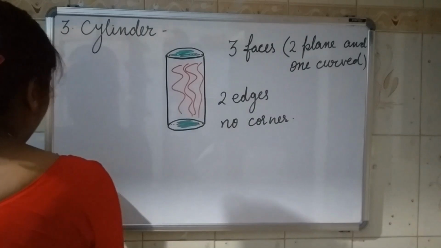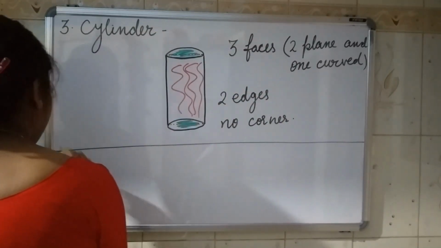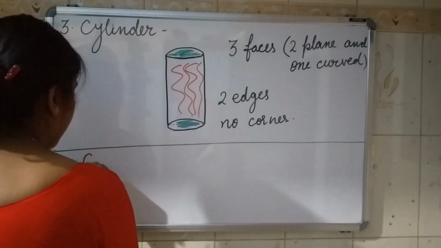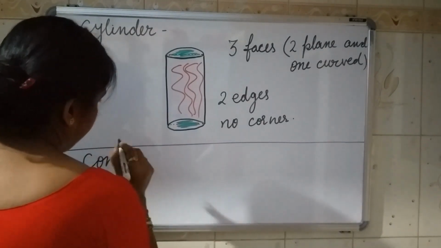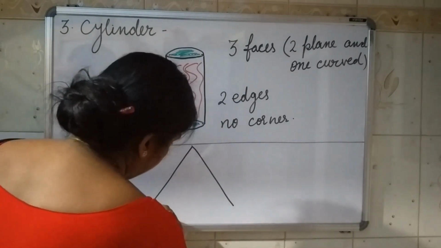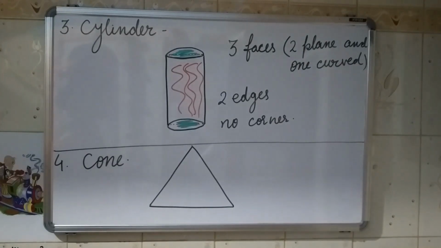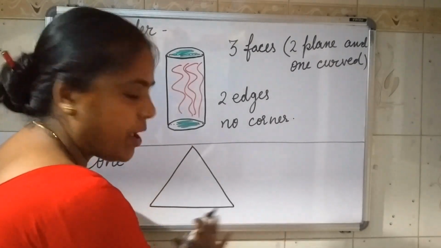Okay. Now we are moving to the next one, that is the fourth one. The fourth one is the cone. If you are taking the cone, you have to draw a triangle. So we have to draw one isosceles triangle, okay?